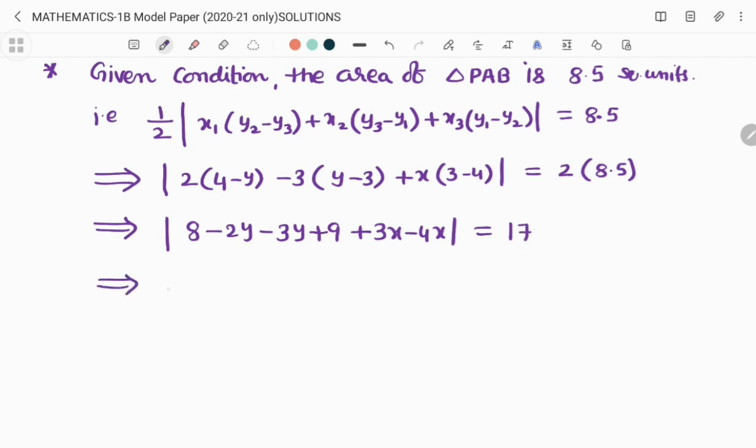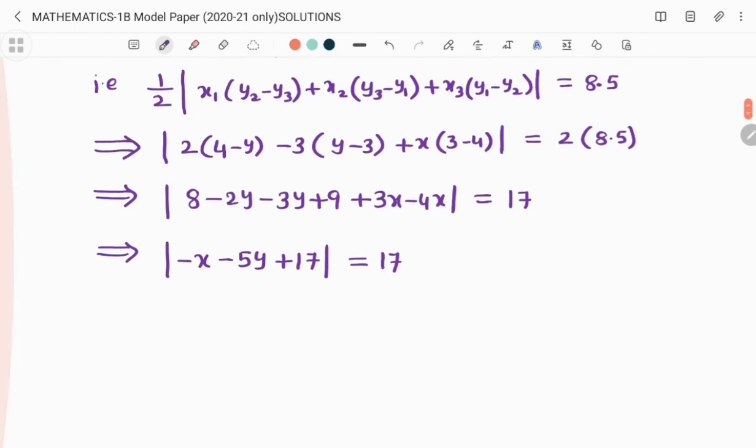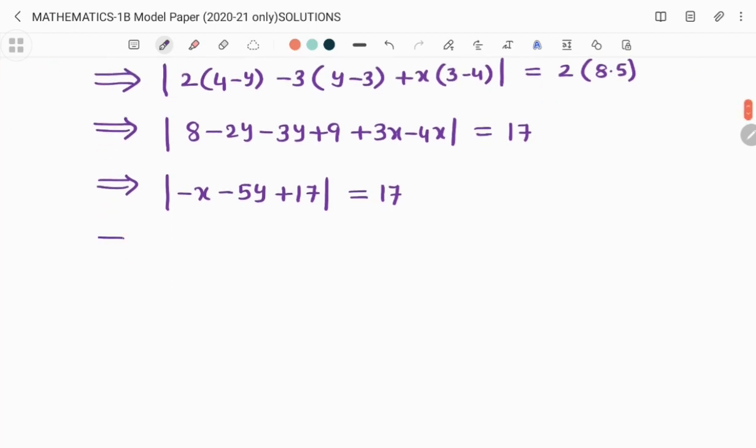Now write in order, modulus: 3x minus 4x is minus x, minus 2y minus 3y is minus 5y, 9 plus 8 is 17, which is equal to 17. If we remove the modulus, we get plus or minus. So minus x minus 5y plus 17 is equal to plus or minus 17.